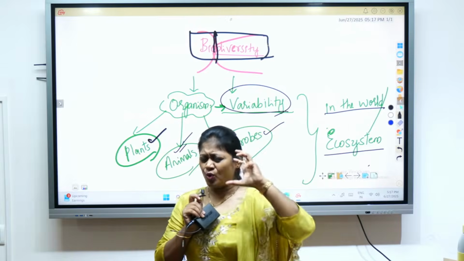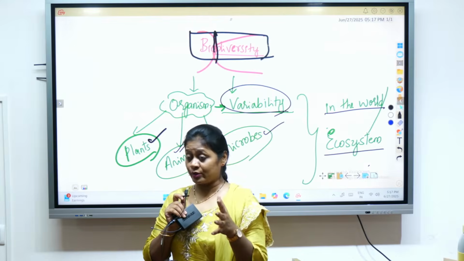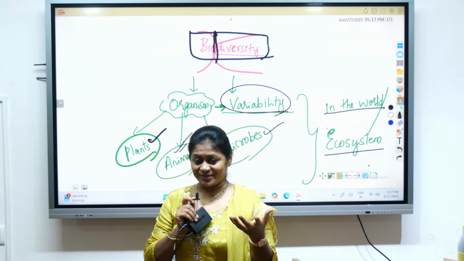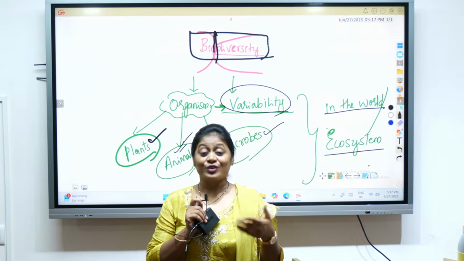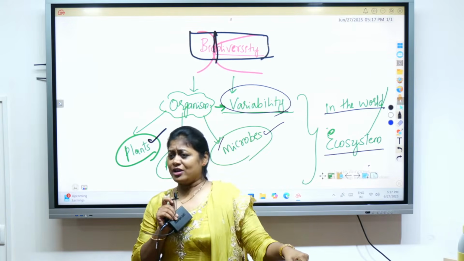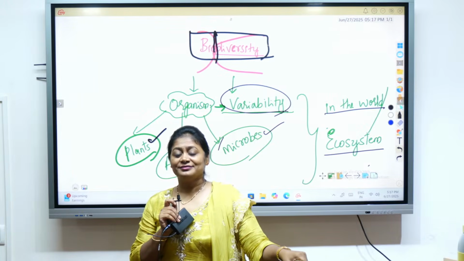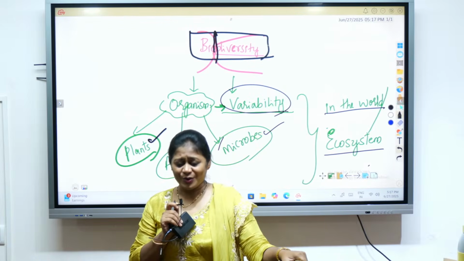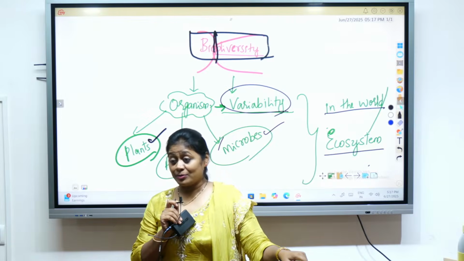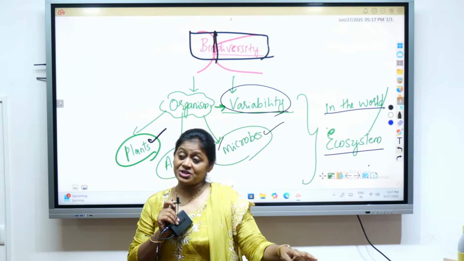A diverse number of plants, animals and microorganisms is found in which ecosystem? Forest, and what kind of forest? Rain forest. Is there a specific, very renowned forest meant for biodiversity? Amazon. Amazon forest is one such which has extraordinary species diversity.